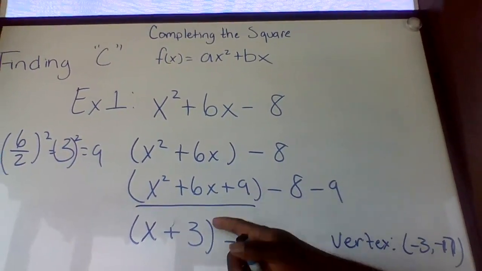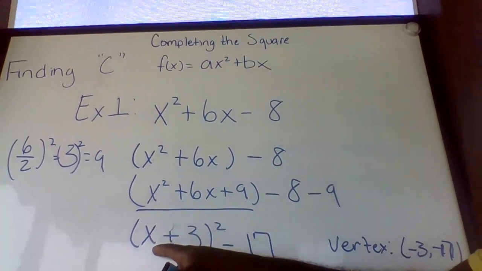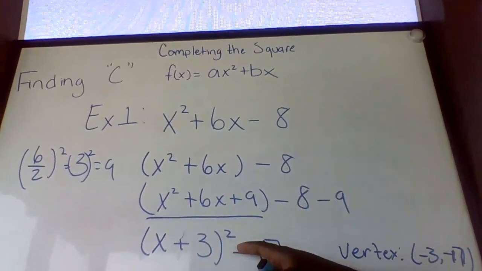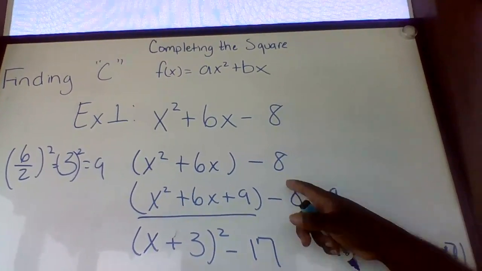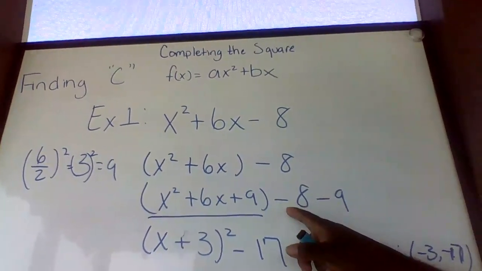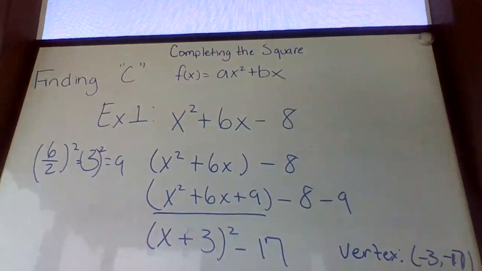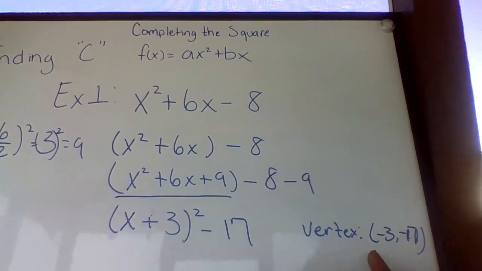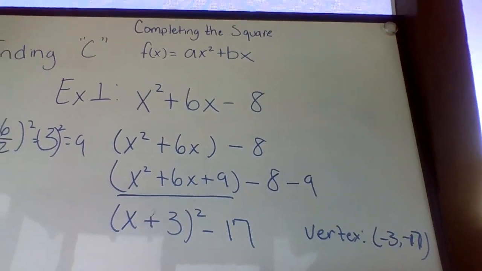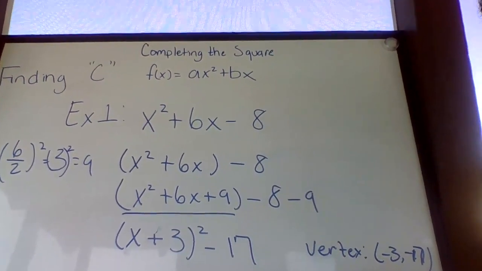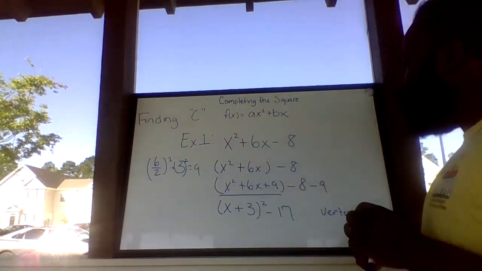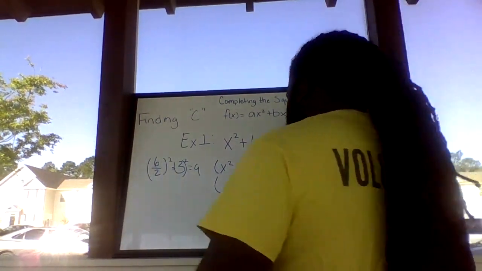After that, we put it in factored form, which is x plus half of my 6, which is 3, in parentheses, and we square it. On the outside, we combine like terms. We got negative 8 and negative 9. That gives me negative 17. And from here we know our vertex will be negative 3, negative 17, because it's written in vertex form. Another thing that we can tell about this is my horizontal and vertical shifts.